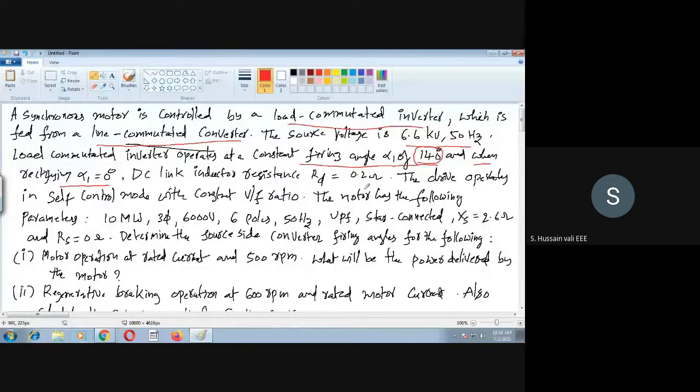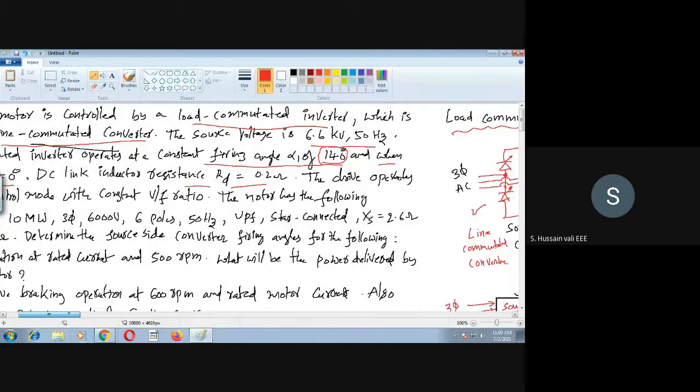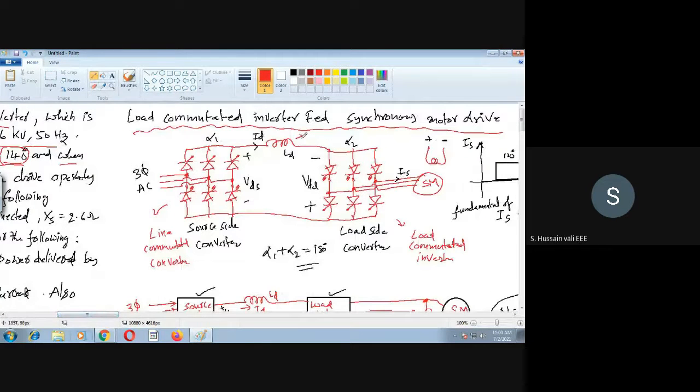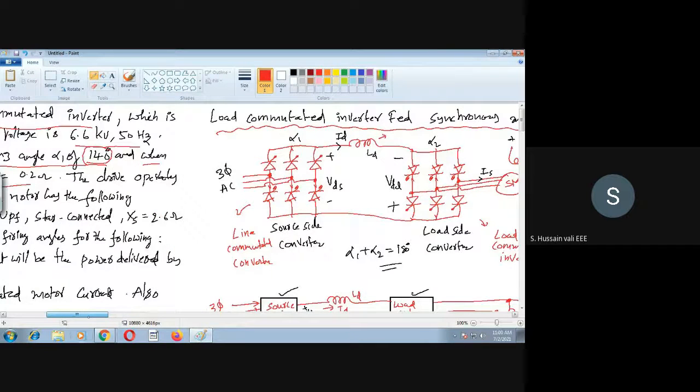So this data he has given, that at that time, the value of alpha is 0. Okay. And what's next he has given now? The DC link inductor resistance is 0.2 ohm. This resistance value he has given.